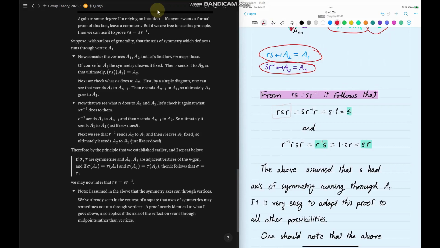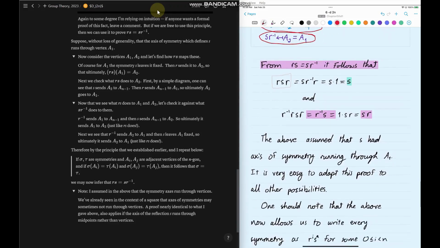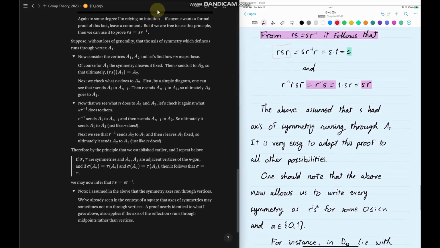By the way, that's one useful way of seeing what this thing is, but it's also worth getting this slightly different version, which is that through just a little bit of multiplying by inverses and so on, you can see also that SR equals R inverse S. So one way to think about what is going on here is that algebraically, we're saying that you can move R from one side of S to the other in either direction.